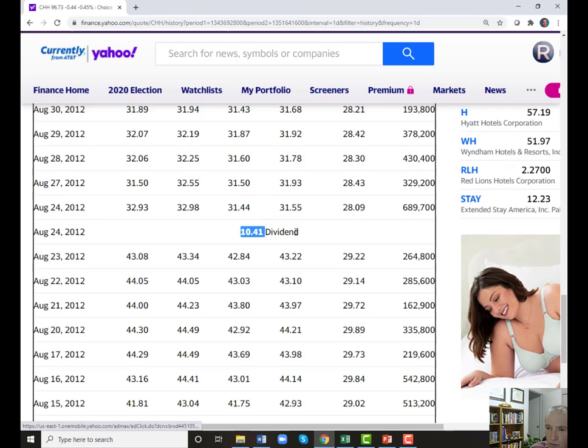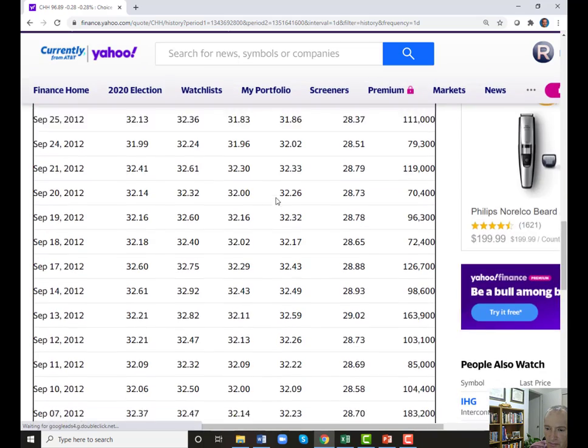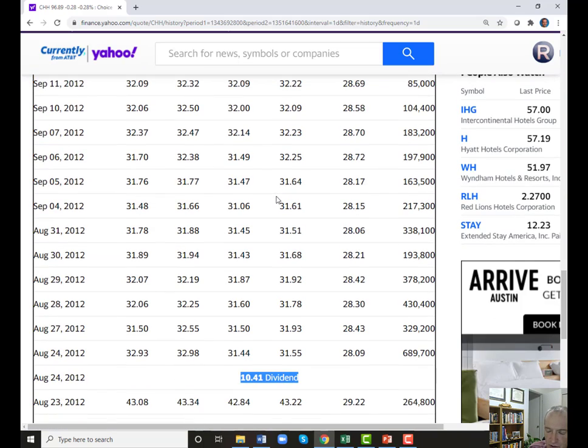Now, why in the world did they do this huge dividend? Well, at the time, Choice Hotels management was worried about Congress. There was a sense that Congress was going to do a huge tax change in 2013 that was going to cause the tax rate on dividends and capital gains and all kinds of things to go up dramatically.